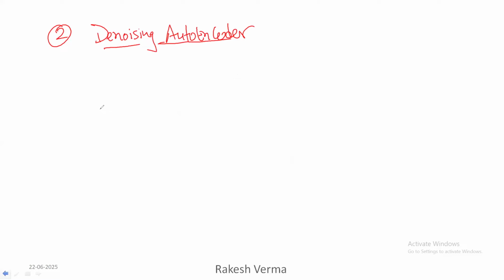If we get blur images that need to be made clear, then we can use a denoising autoencoder.